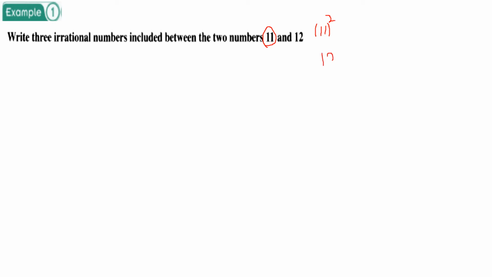As we know, the irrational number lies between the two rational numbers, two integers, which are 11 and 12. So we will get the square of the two numbers or the cube of the two numbers and find any square root or any cube root between these two square or cube numbers. So we'll get the square of 11 and the square of 12.